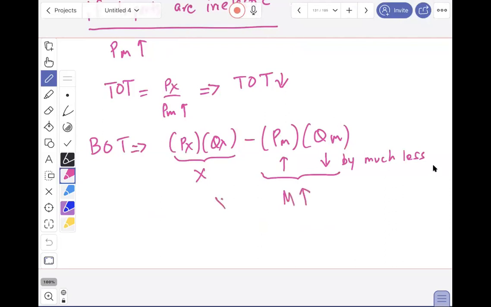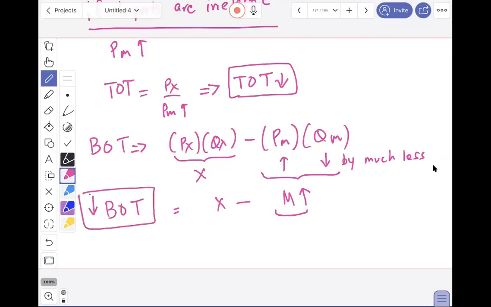Now, if you look at x minus m, because this m negative part is going up and it is being subtracted, you're subtracting a bigger number, so balance of trade will fall. Exactly. So terms of trade will worsen and even balance of trade will worsen.